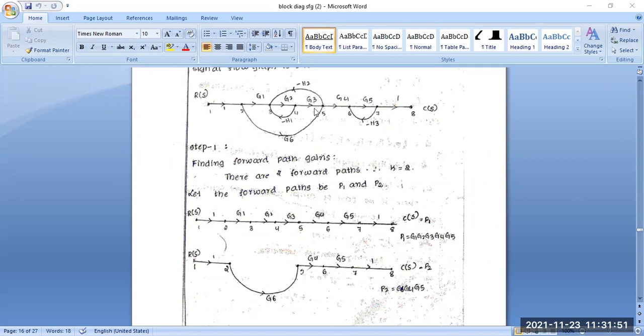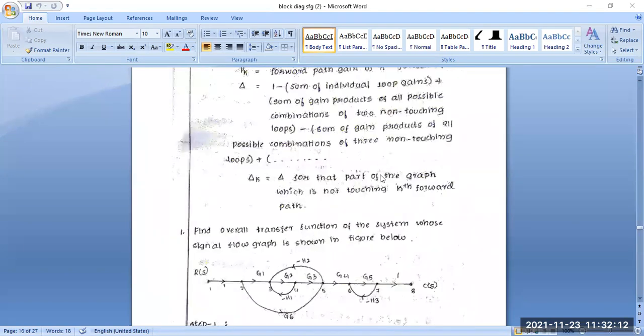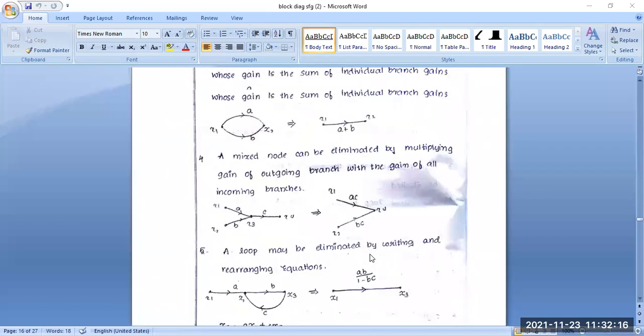So these two loops, this one and this big one, are called touching loops, but this one and this one are called non-touching loops. Okay, is it clear, all of you? Yes, sir. Any doubts? Please ask me, because we have covered every term related to the signal flow graph method.